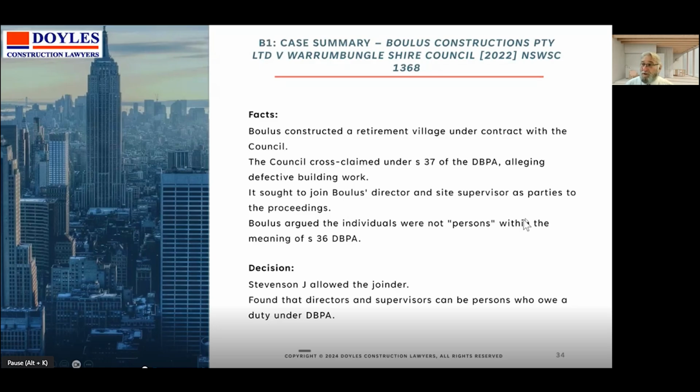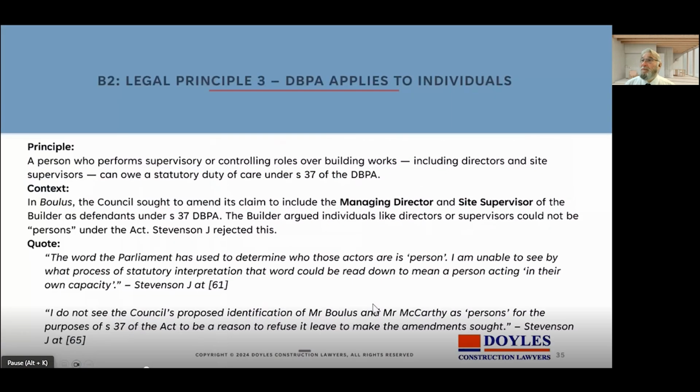But Justice Stevenson allowed the joinder. He found that directors and supervisors can be persons who owe a duty under the DBPA. So it's important to understand that directors and supervisors can mean ordinary individuals carrying out their normal, ordinary work and, to all intents and purposes, doing a reasonable job.